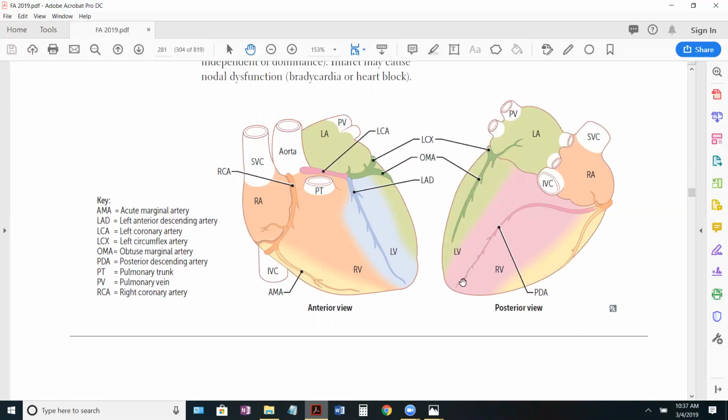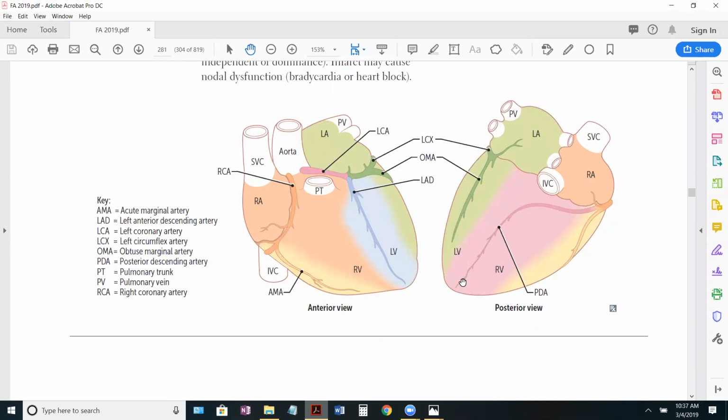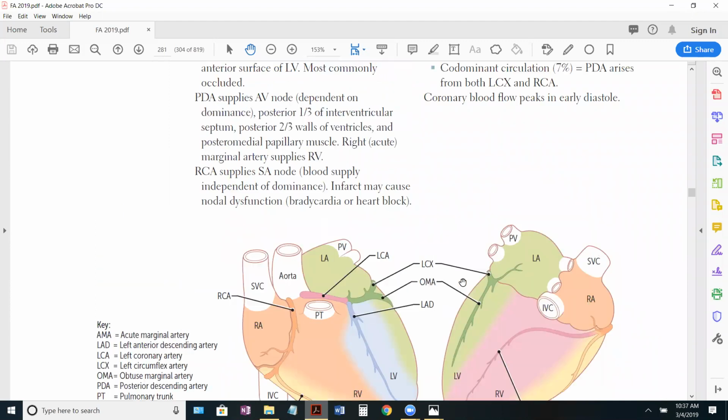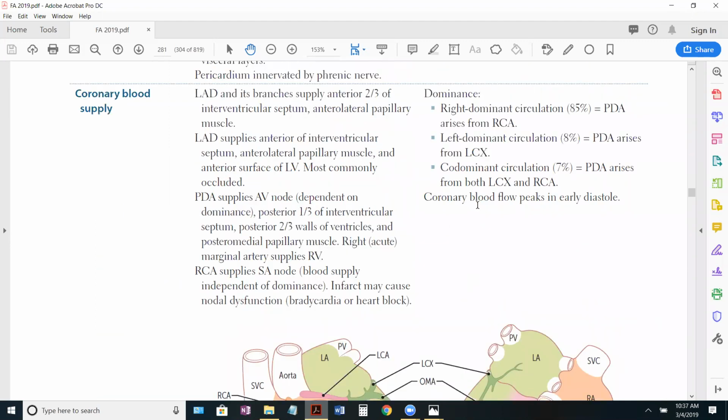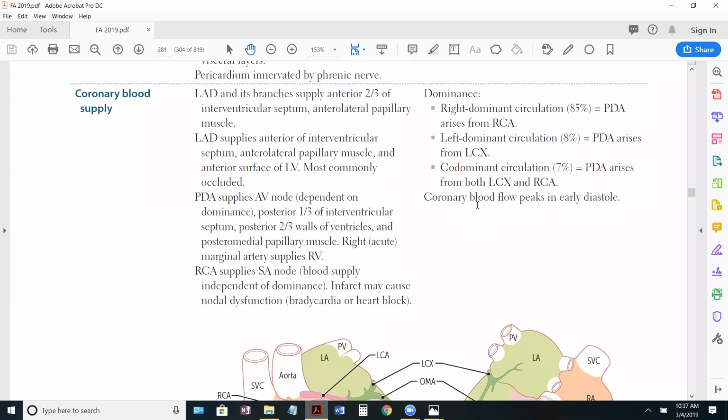If this is clear, then we can discuss the further details. Now you have to remember what areas the different vessels are supplying. The left anterior descending supplies the anterior two-thirds of the septum, and also the anterolateral papillary muscles.